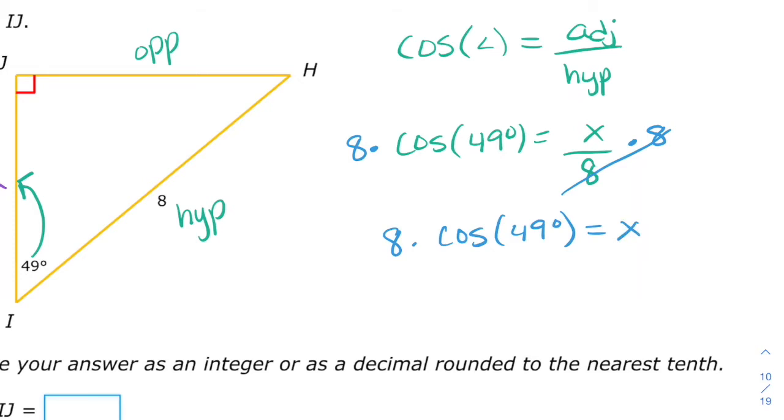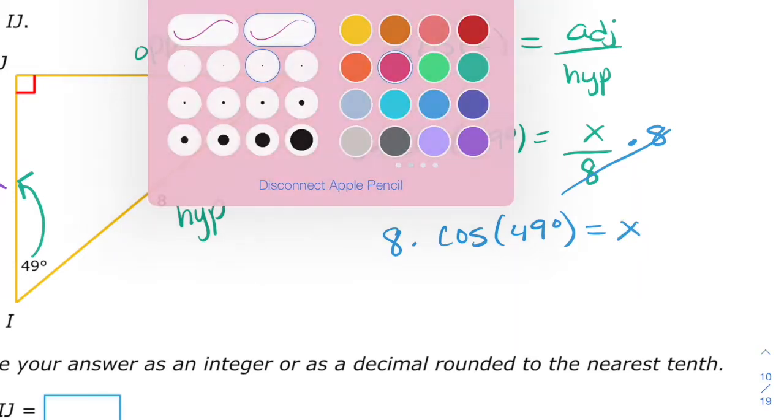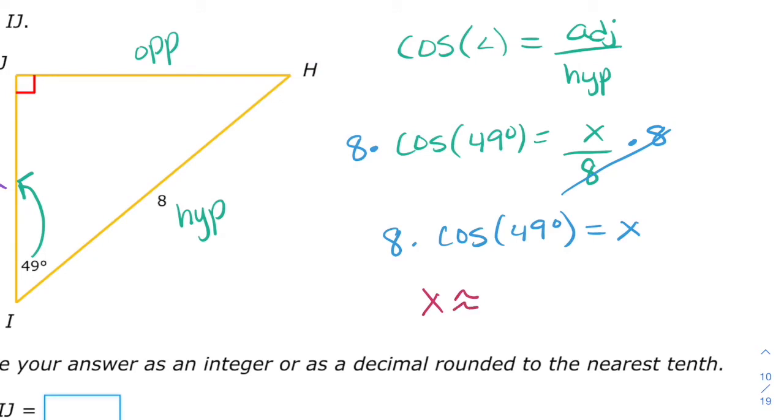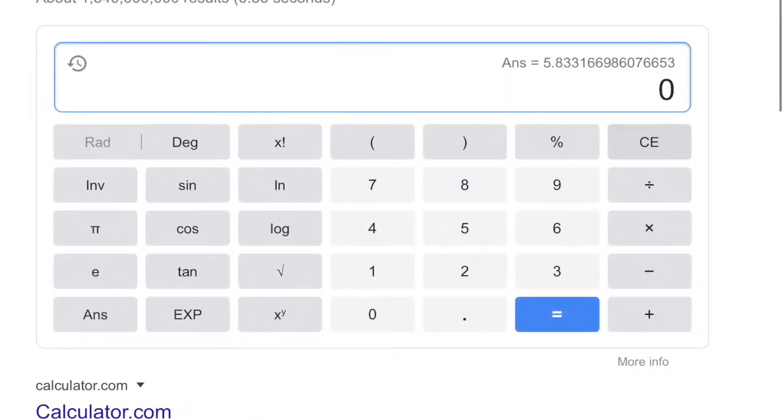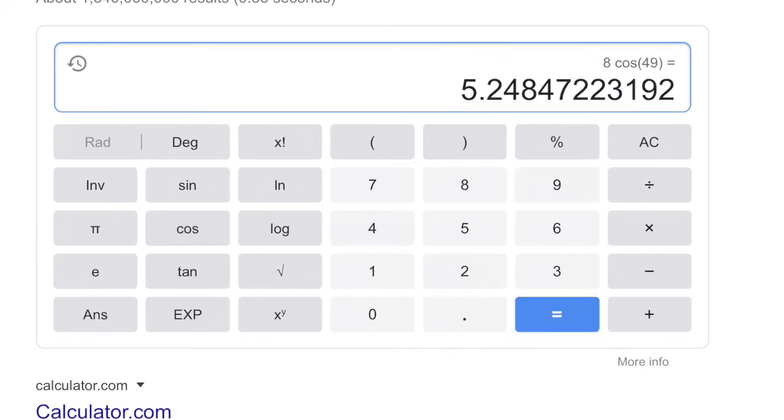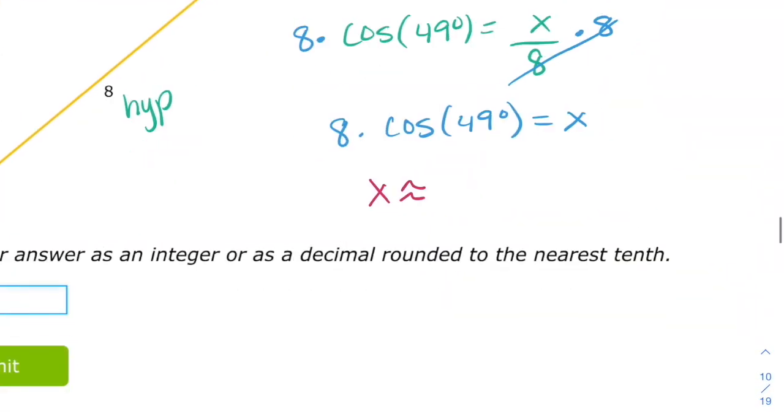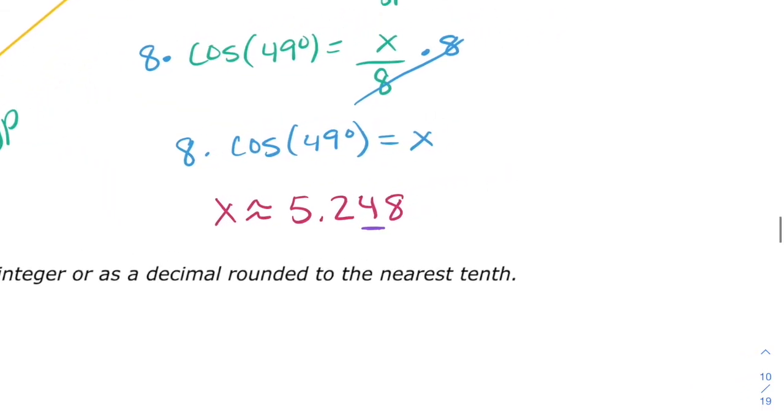And so I'm going to say x approximately equals. So I'm going to type in 8 cosine 49. 5.248. 5.2. Don't forget, focus on this number here because it wants it to the nearest tenth.